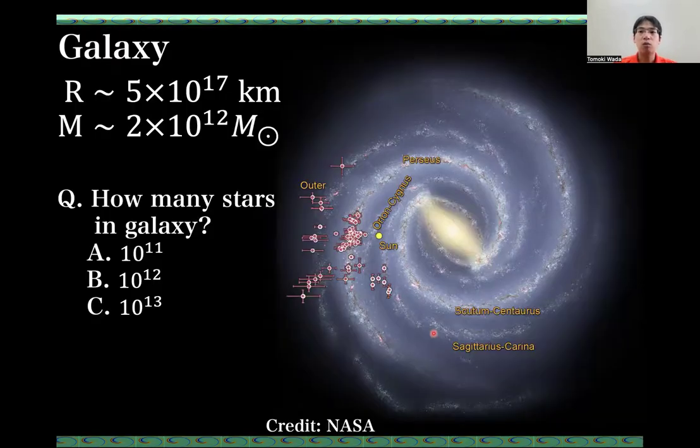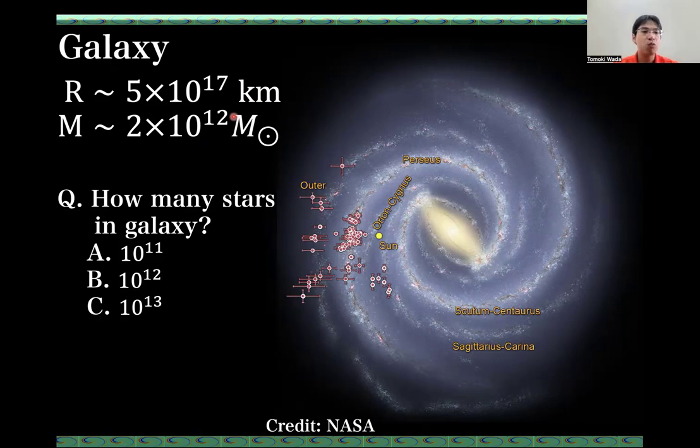When we zoom out from sun or nearby stars, we find our galaxy. I don't read these values, but you can find the size and mass of our galaxy are much, much larger than single stars.